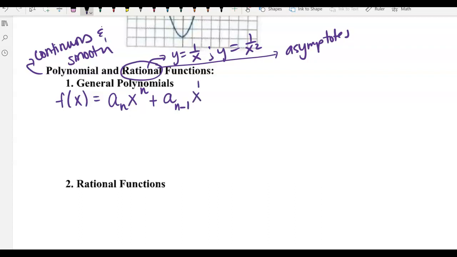And then we're going to write it in descending order, meaning the highest power to the lowest. So we started from n, at n being 10 power, then the next one would be 9, plus dot, dot, dot. And then we're going to go to a sub 1 times x, which is power of 1. And the last term, if you have a constant at all, then that means x to the 0 power. Anything to 0 power is always what, guys? 1. So that's why the last term only has a constant there.